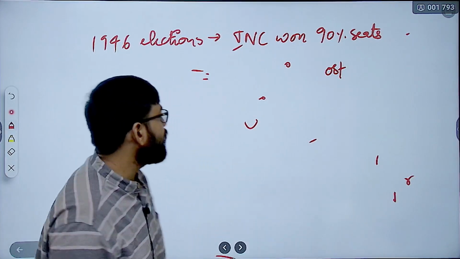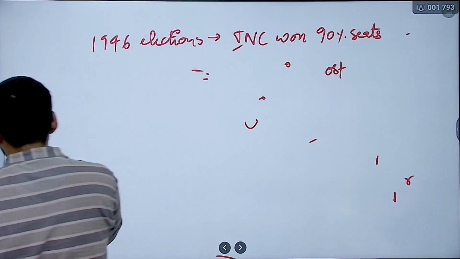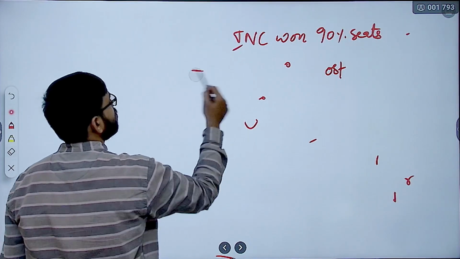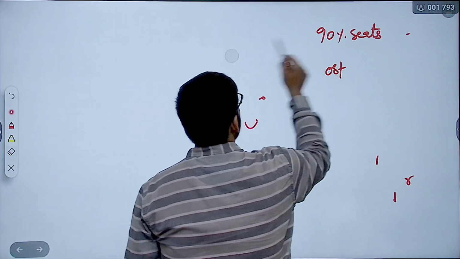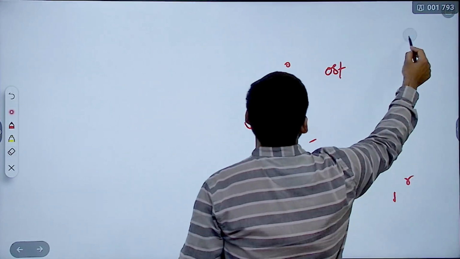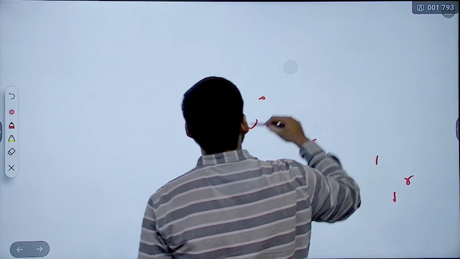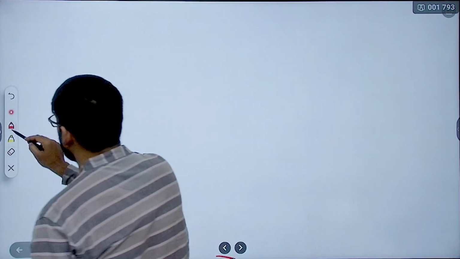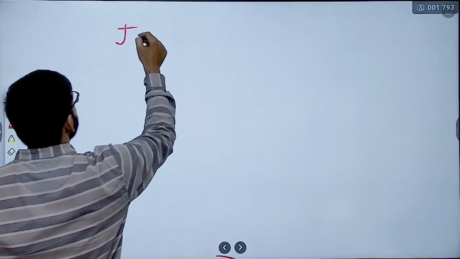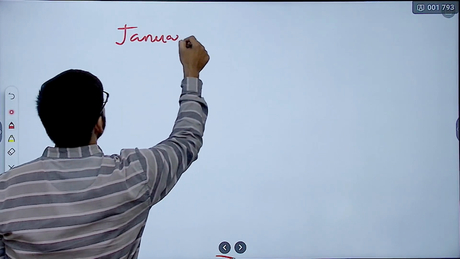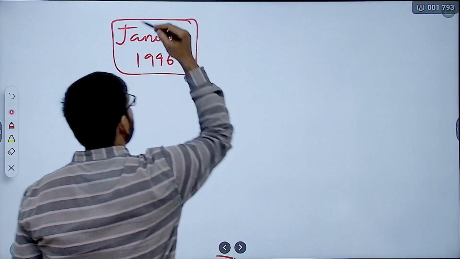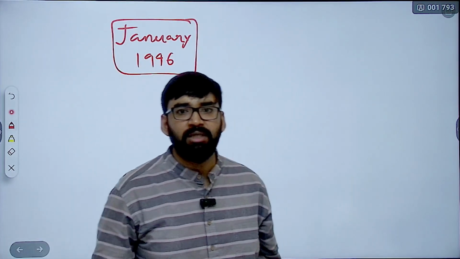And finally, अब क्या करना है? अब फिर से कोई प्लान भेजना है ना, कि अब फ्यूचर में इंडिया की गवर्नमेंट कैसी होगी. अब 90% सीट्स किसको मिली है? कांग्रेस को. मुस्लिम लीग गॉट मुस्लिम मेजॉरिटी एरियाज सीट्स. Now finally in January 1946, so what happened in January 1946?